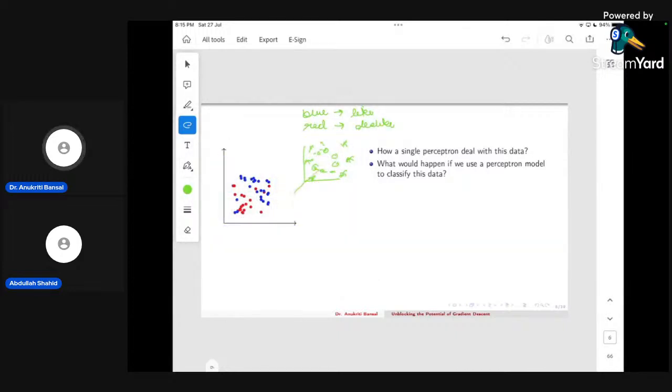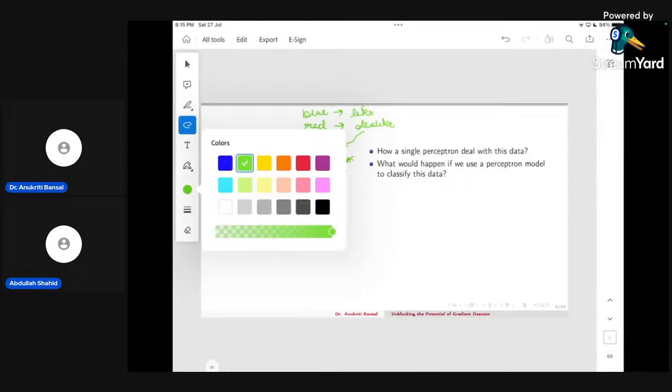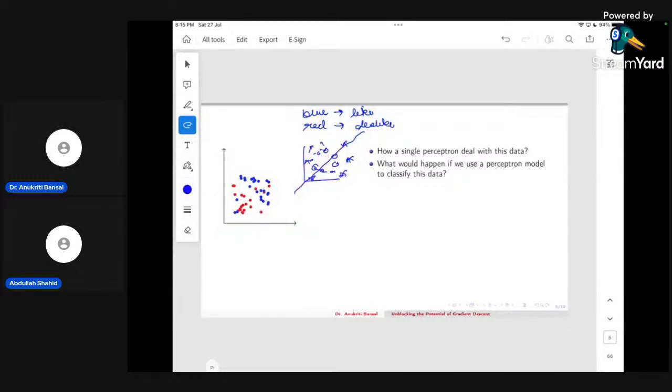I cannot solve this problem using a straight line. I need some boundary like this in order to separate these circles and these stars.